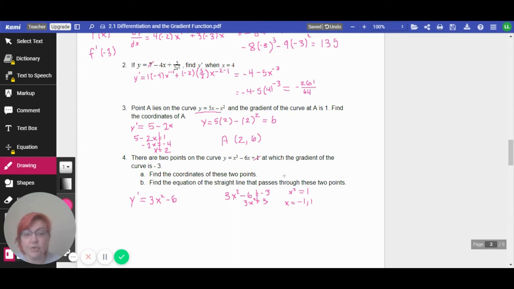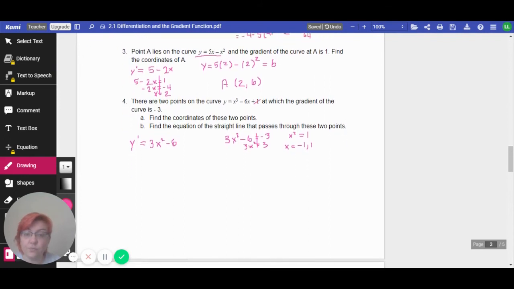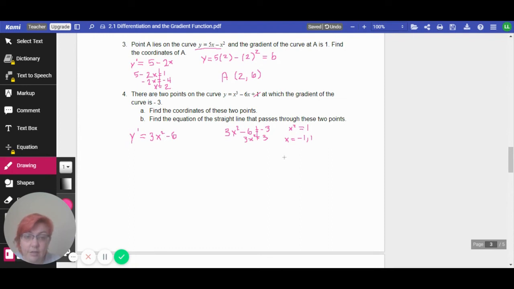I now plug each of those back into my original equation to find my y values. So let's do negative 1. Negative 1 cubed minus 6 times negative 1 plus 1.